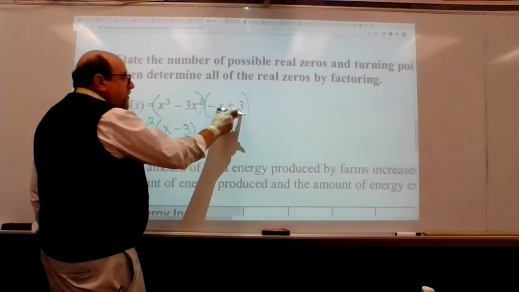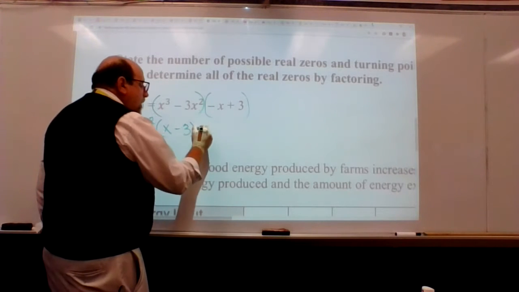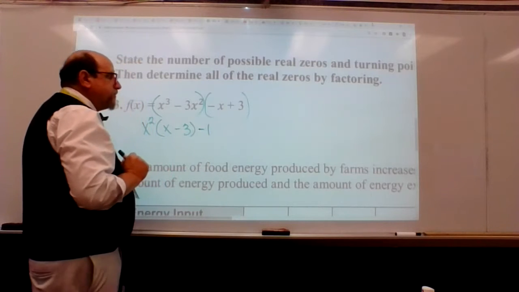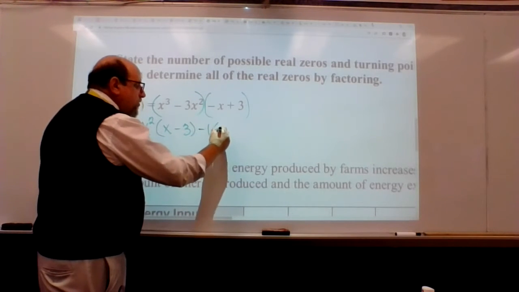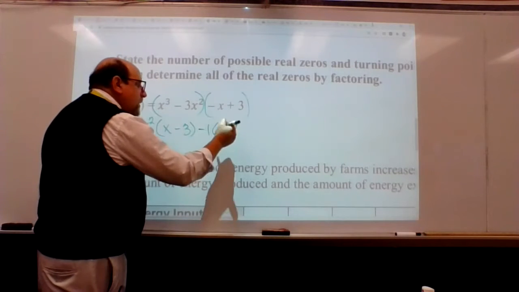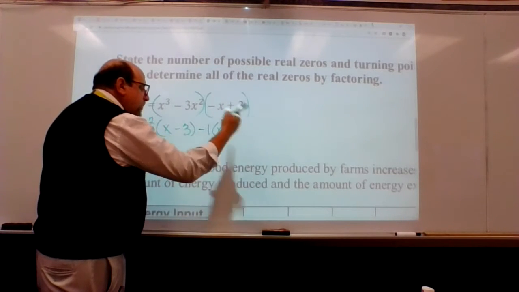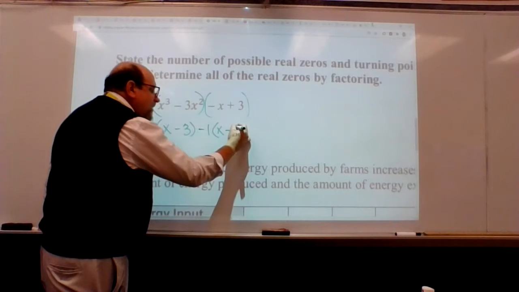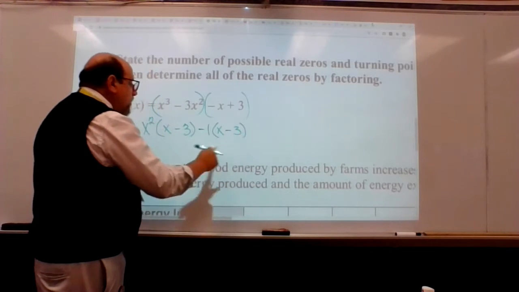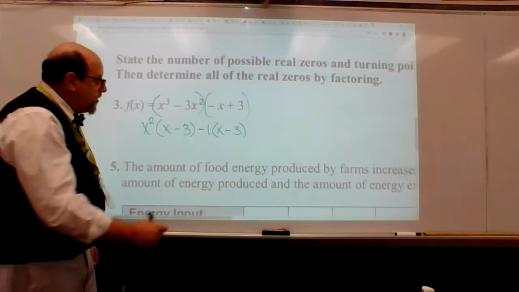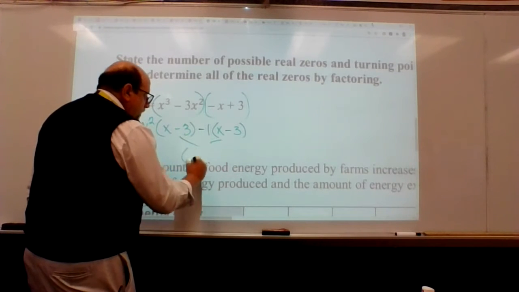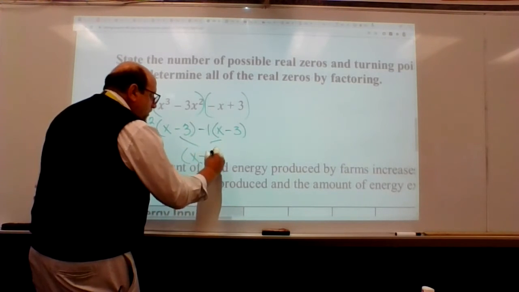Oh yeah, I can divide or pull out a -1, right? And if I divide this by -1, I have x, a positive x, and then a positive 3 divided by -1 is -3. Hey, look at that. They look exactly the same. So that's one of our factors. We put these 2 together down here. We have x minus 3.